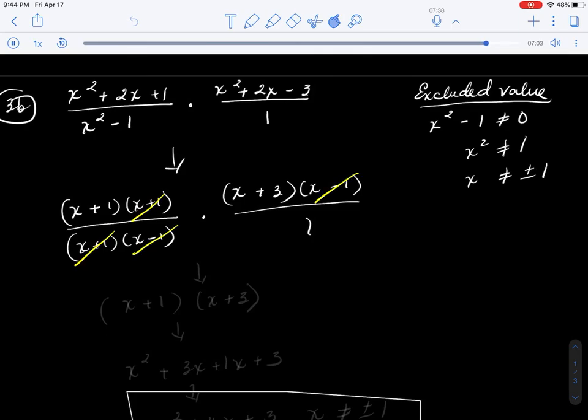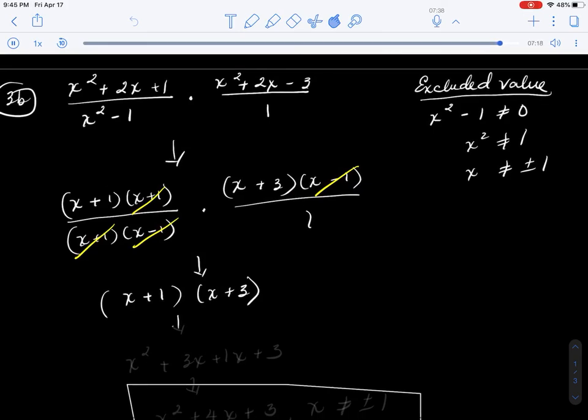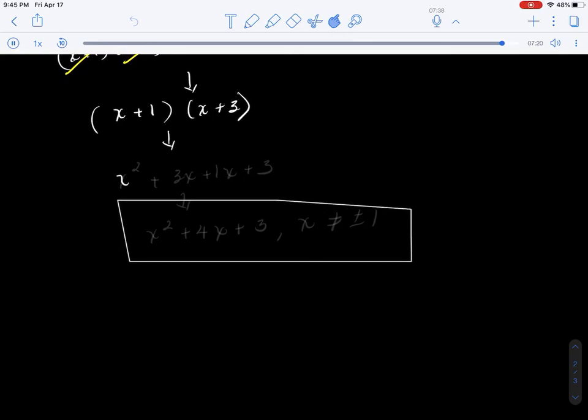So that should give me x plus 1 over 1, but I don't want to write that, so it's multiplied by x plus 3. You can leave it as it is, but for me, let me do FOIL: x squared plus 3x plus 1x plus 3. That should give me x squared plus 4x plus 3, where x cannot equal plus or minus 1.